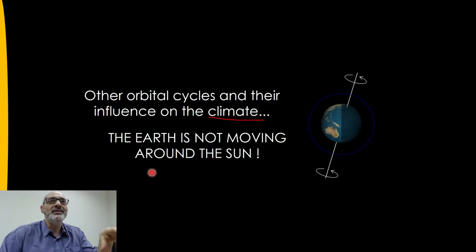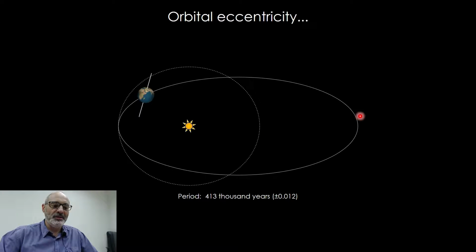Actually, the Earth is moving around the center of mass of the solar system. So this means that it's going to be influenced by the Sun, of course, but also by the other planets. And these influences will create changes in Earth's orbital movements, in the plural.